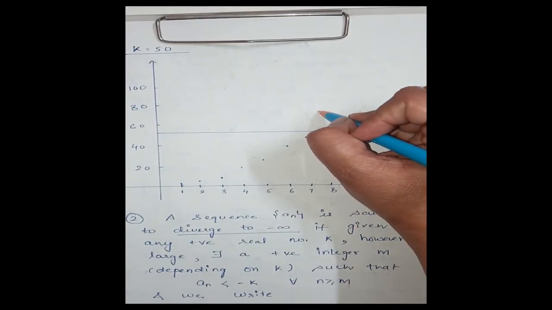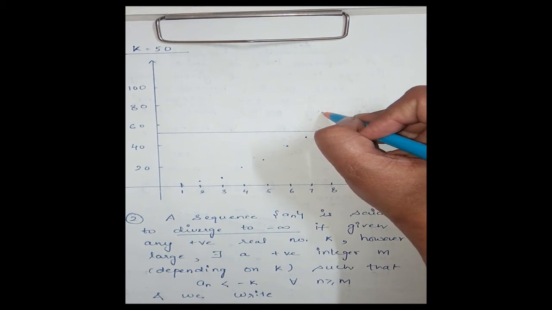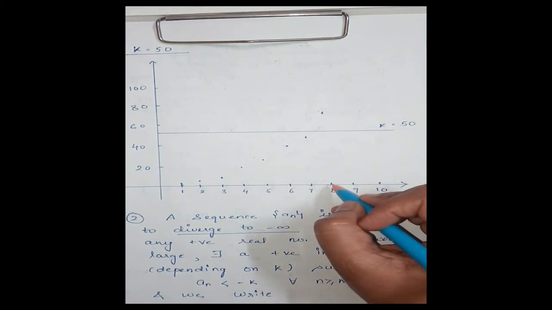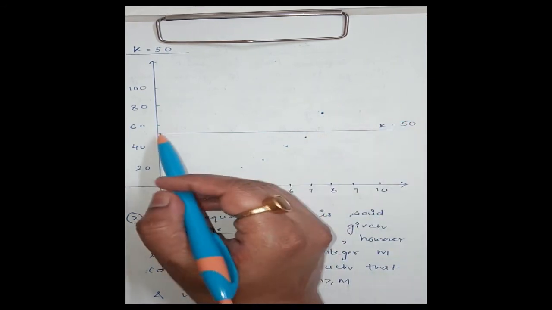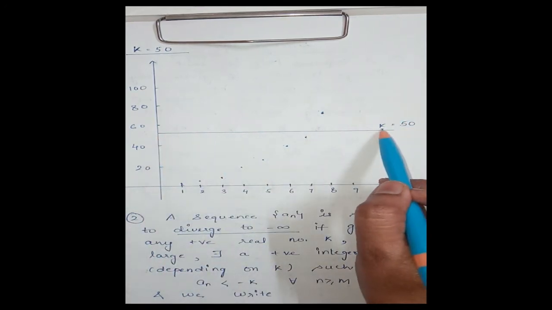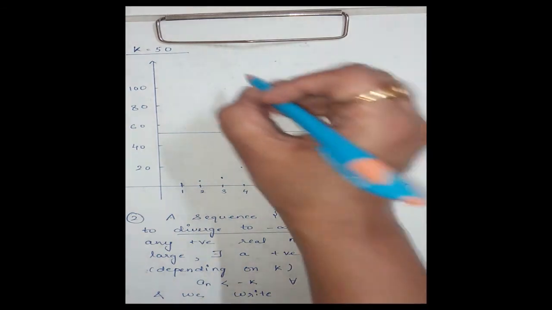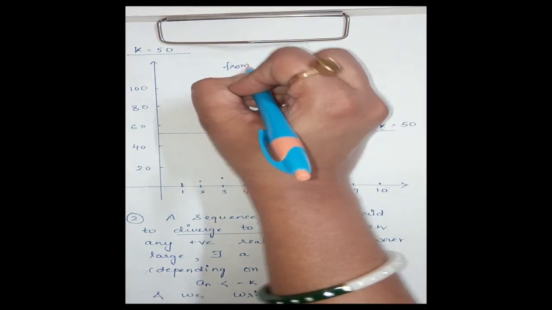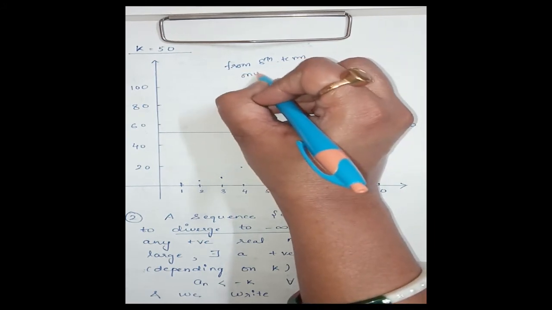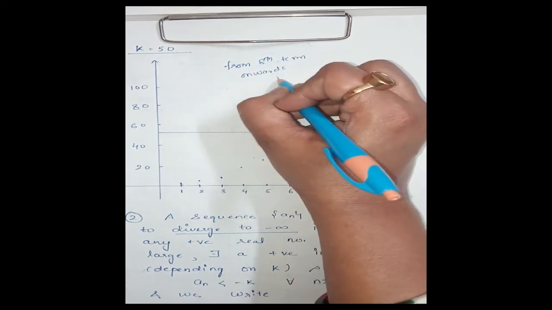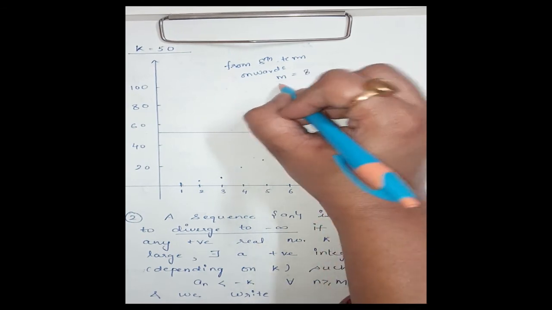Then here we have 60, and 64 will be somewhere here. This means from the 8th term onwards, the terms of the sequence will be more than k. Here m is 8.